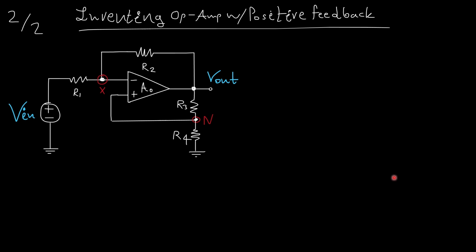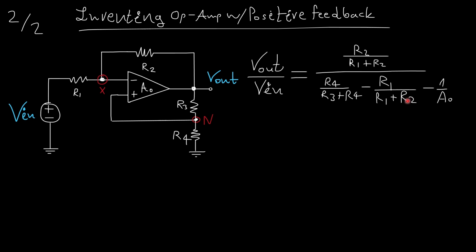And what I'm going to do is I'm going to write again my equation here, and I'll say, well, what if the gain was infinite? And what if R3 was also infinite? Alright, what if R3 was infinite? That would mean that this would be an open circuit here, alright?